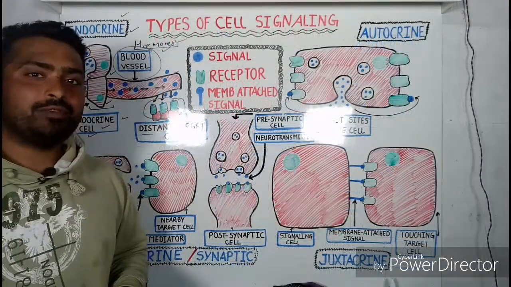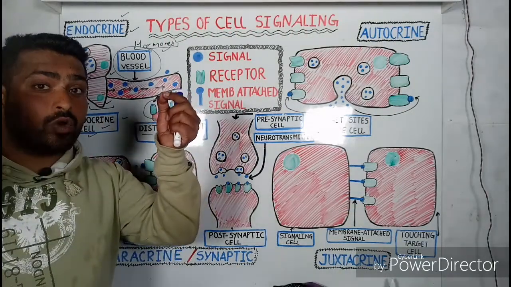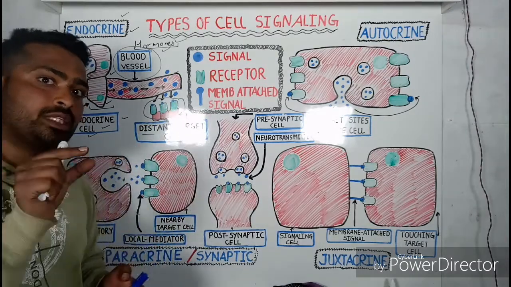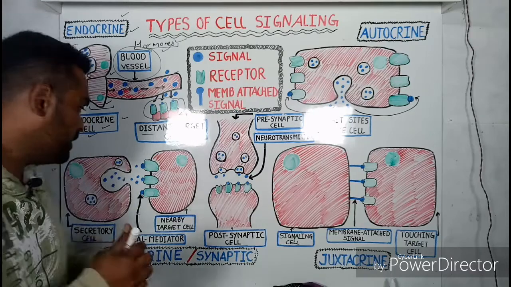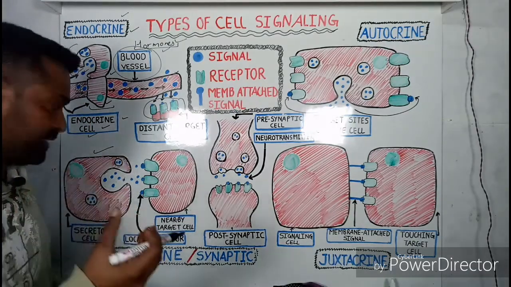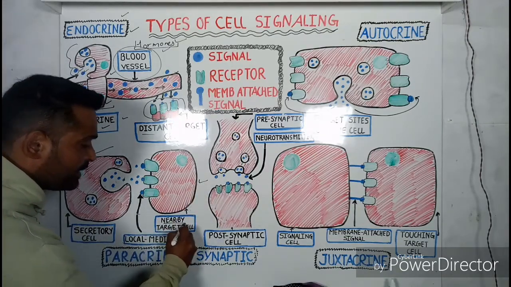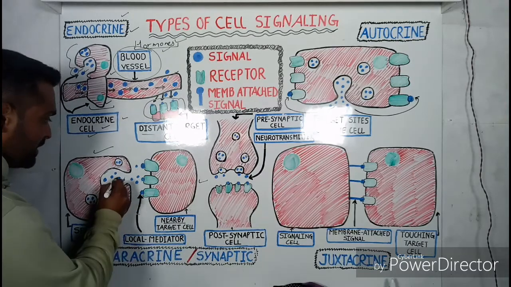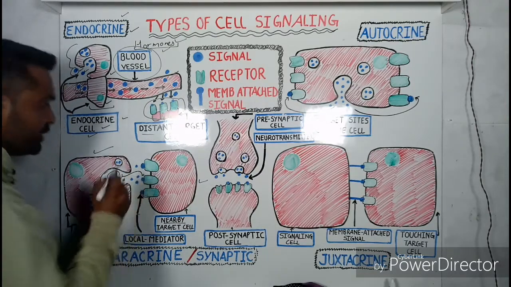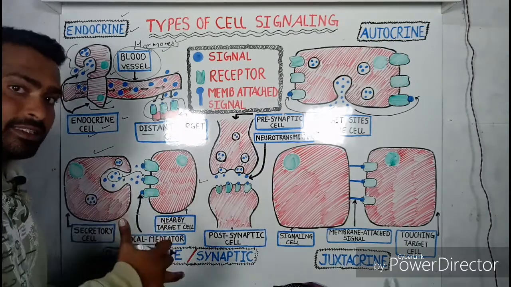Now the next type of signaling we have is paracrine signaling. Imagine that the cells are now approaching each other, so the distance between those two cells is getting decreased. Here you can see we have the secretory cell, which is synthesizing the signal, and then we have a target cell which is nearby. The signals produced here can make contact with or bind to the receptors present on the nearby target cells.